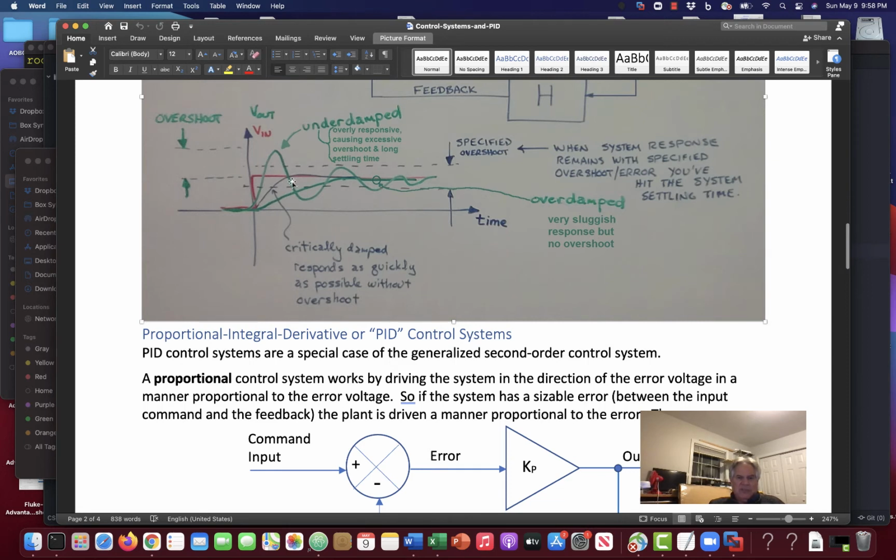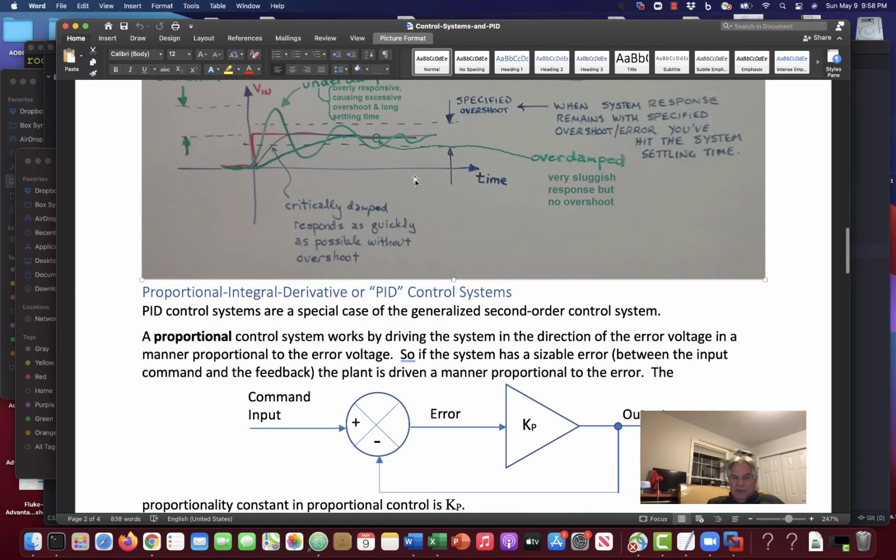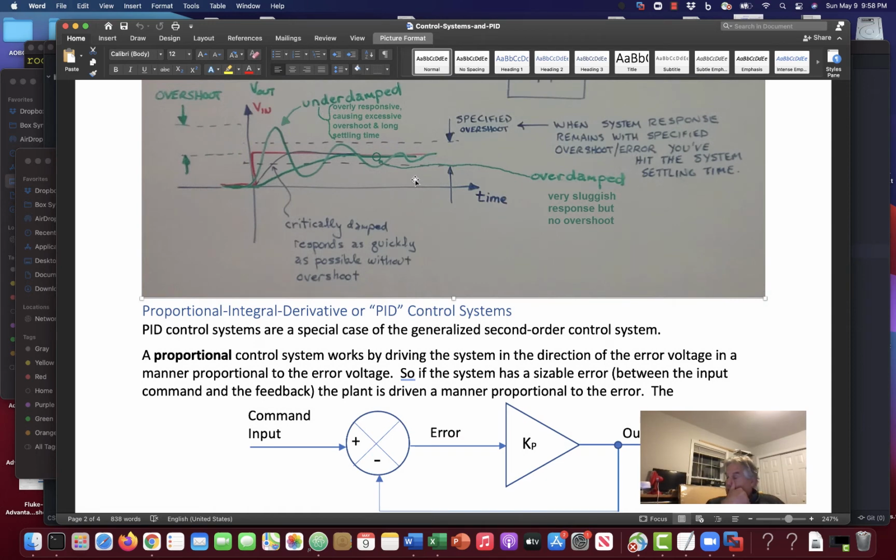Second order control systems capture a lot of these 3 behaviors here. Critically damped is just great. Underdamped gives you a lot of ringing or overshoot. And then overdamped gives you that sluggish response that can be just as bad in trying to turn a steamship as the underdamped response.